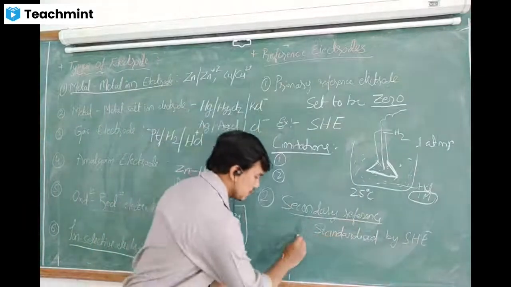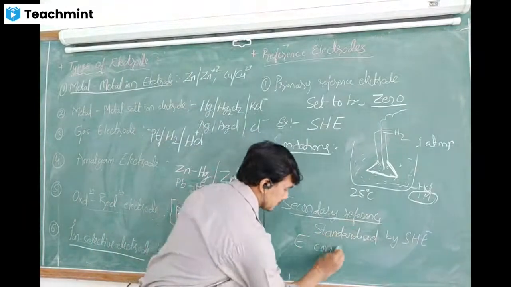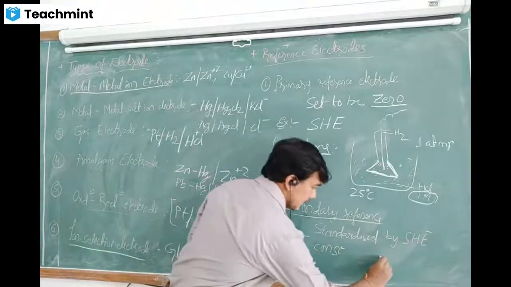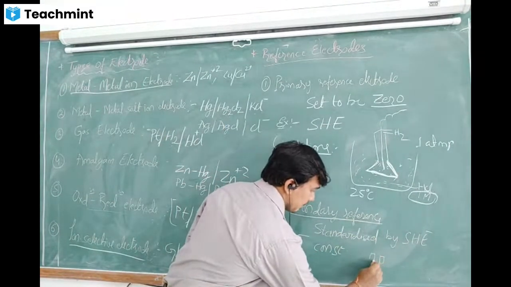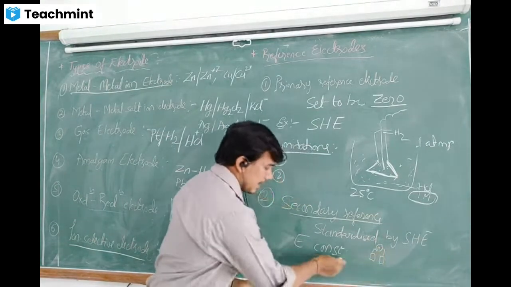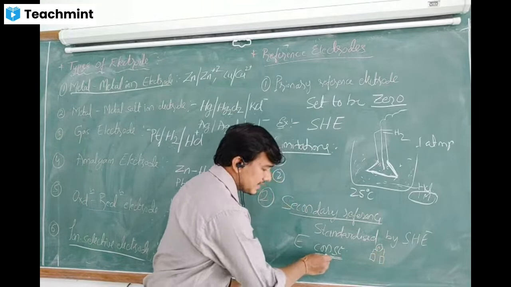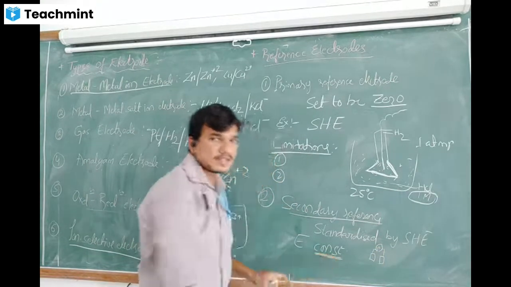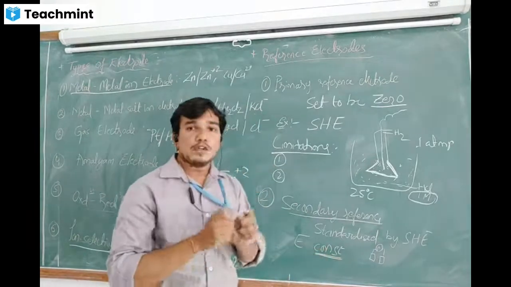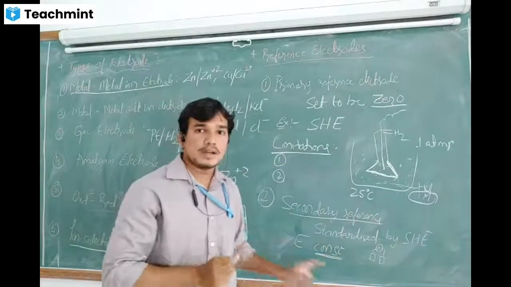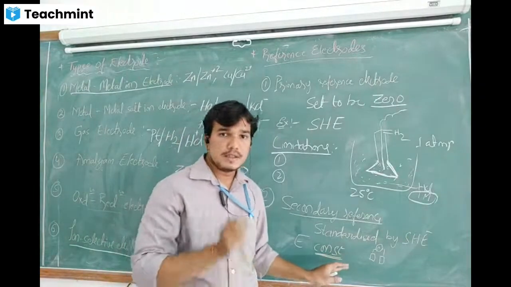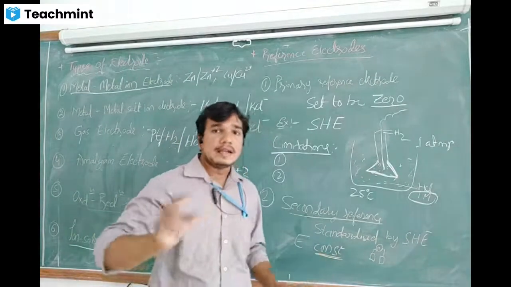These electrode potentials are constant. By connecting with SHE, the electrode potential of these reference electrodes is determined and its value is constant. For example, the secondary reference electrode is 0.2422 volt for 0.1 normal solution, meaning the electrode potential will be constant.